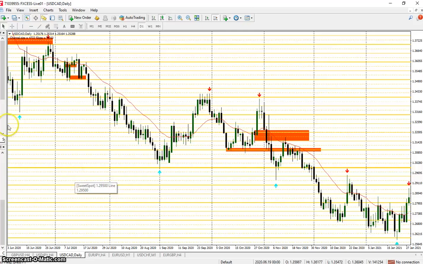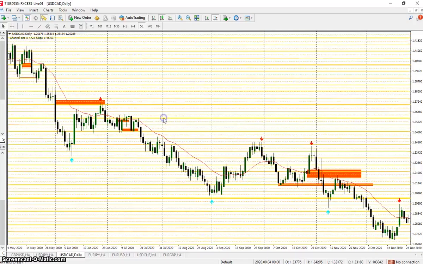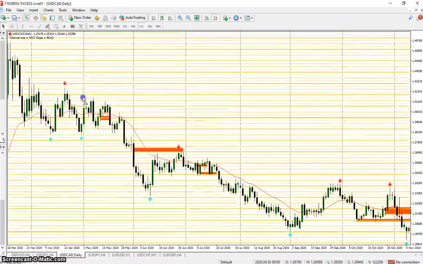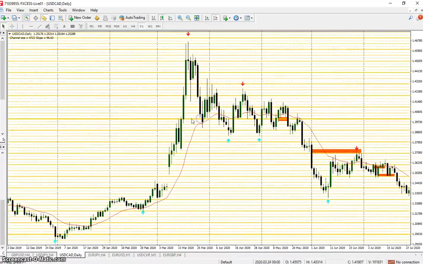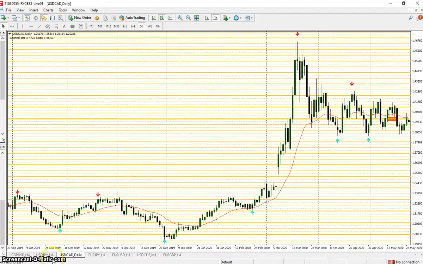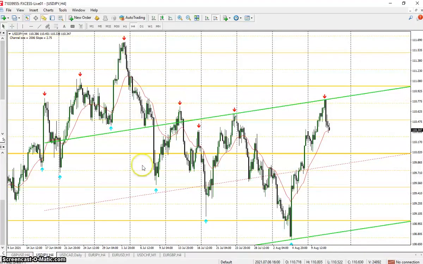Price went up, broke the level, came down into that level and rejected. It went into other levels though, but I'm just looking at the main levels just for you to understand. Support and resistance level plus the swap. Let's look at another one.